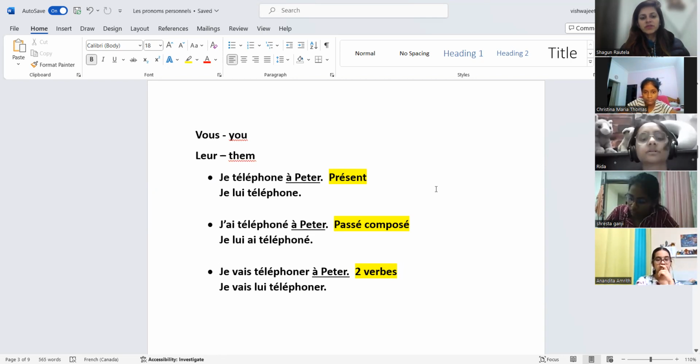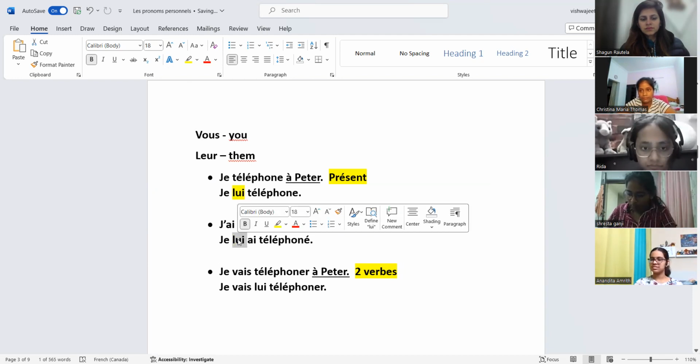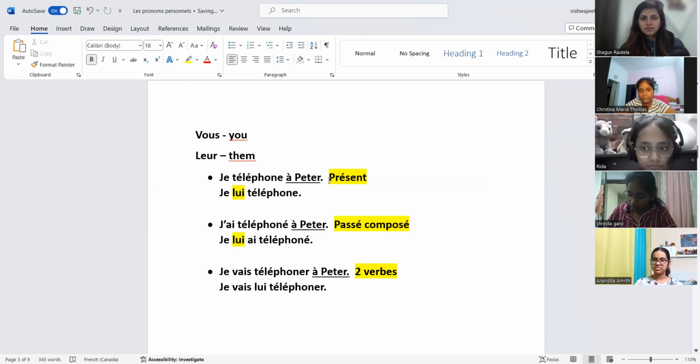Okay, so in the first one, you're replacing Peter with lui, and lui comes before the verb. And in the second sentence, in the case of passé composé, again, you're replacing Peter, and it comes before the first verb.